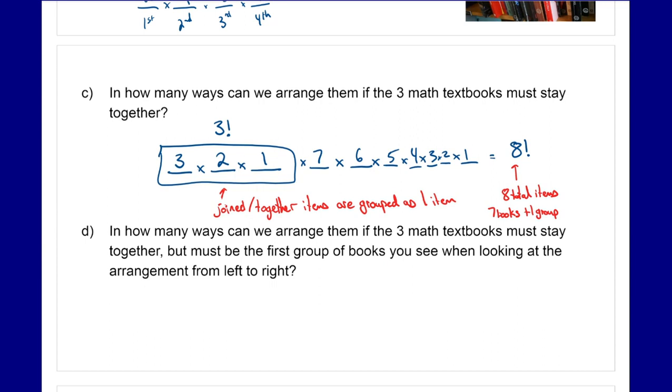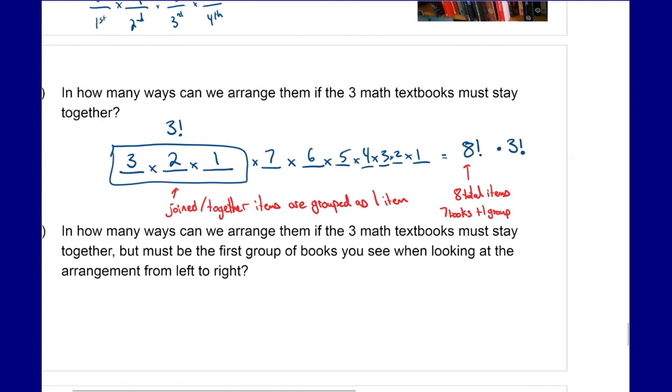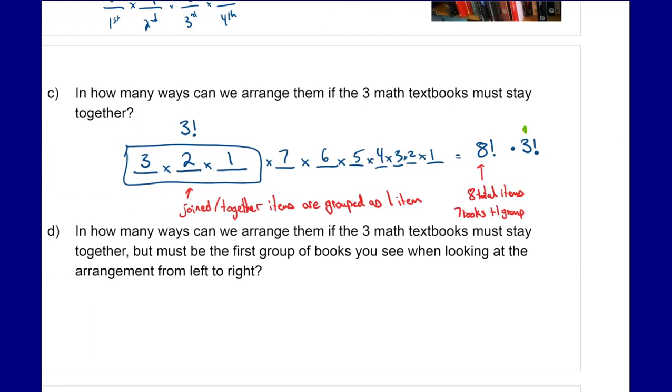But then I'm multiplying it by 3 factorial, which is the ways to arrange the items within that group of 3.